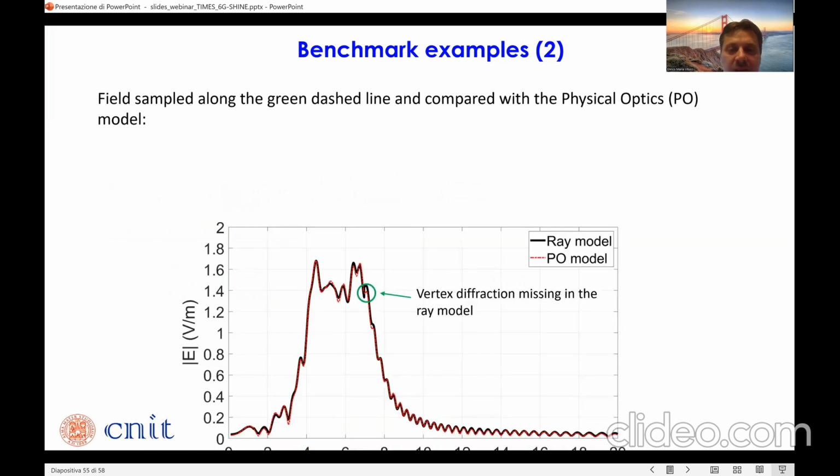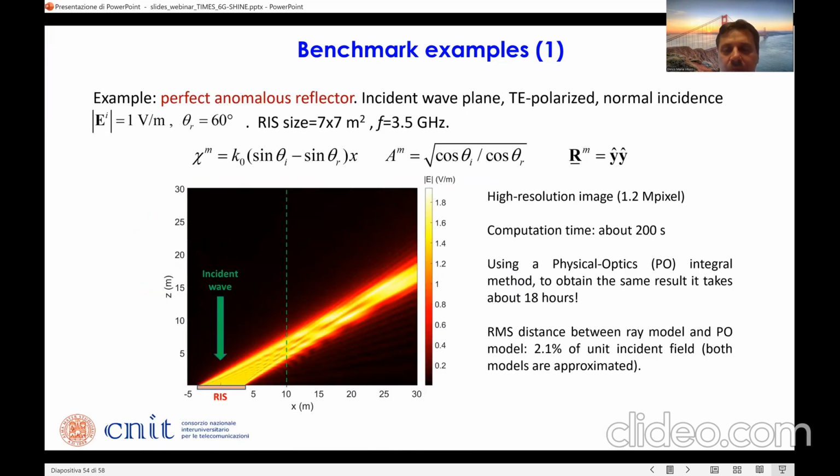And actually our result obtained with the ray model, the macroscopic ray model, is very similar to the one obtained with the physical optics integral. Actually, geometrical optics can be seen as an asymptotic approximation of physical optics, and this explains why the results are really very similar.